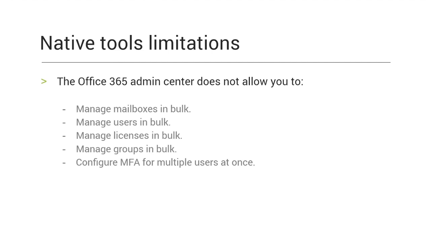You can only carry it out for one mailbox at a time, and several routine administration tasks are generally missing. Like you cannot configure multi-factor authentication for multiple users at once. You cannot modify mailbox attributes in bulk, and you can create user accounts, but you cannot modify their attributes in bulk. You cannot modify group attributes in bulk. These are just a few limitations that are present in the Office 365 portal.